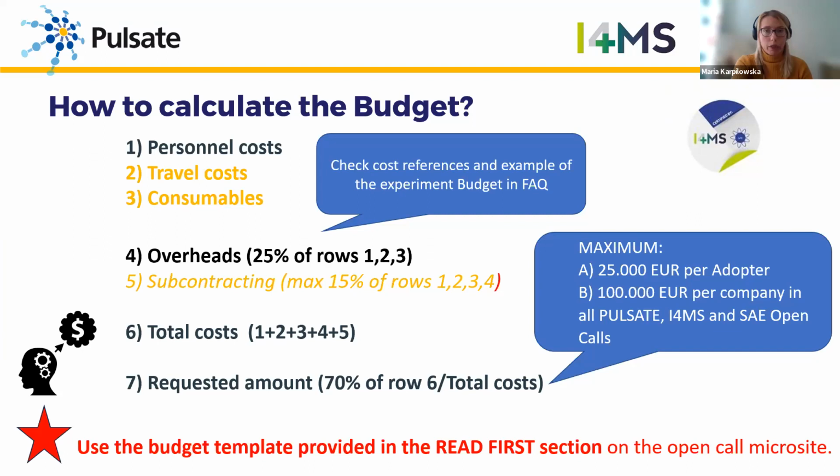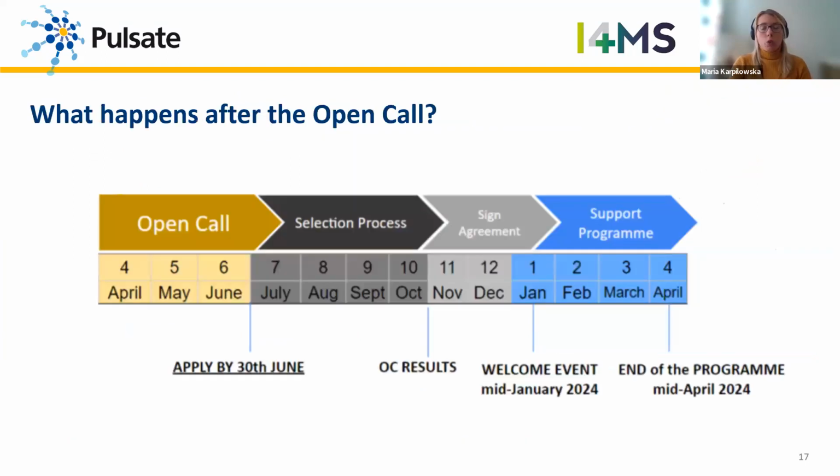Okay. So what are the next steps after the open call? The deadline is the 30th of June, 5 p.m. As we said before. Then the whole selection process will take a while because we need to go through the eligibility check. We need to give the external independent experts a few weeks to evaluate all the proposals.